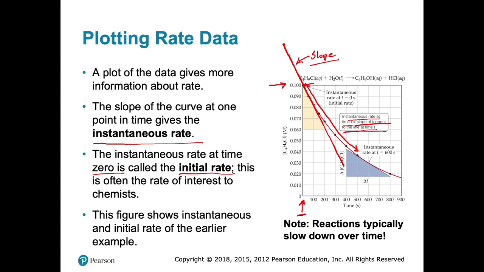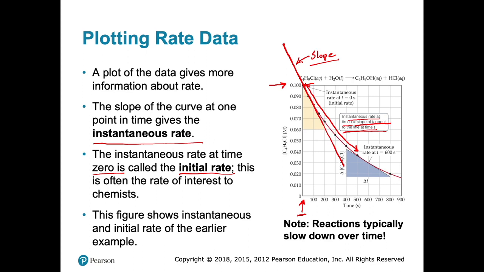You could go up and down the curved line made by the data and pick any point, as long as you use the slope of the tangent at that point, and you should come up with a reasonable number. But since we want the initial rate at time zero, we're going to use this line and this slope right here, at that point.